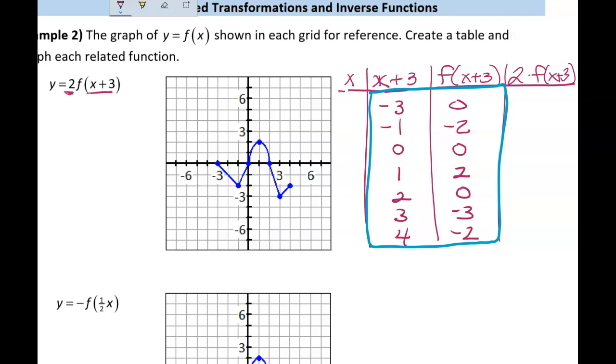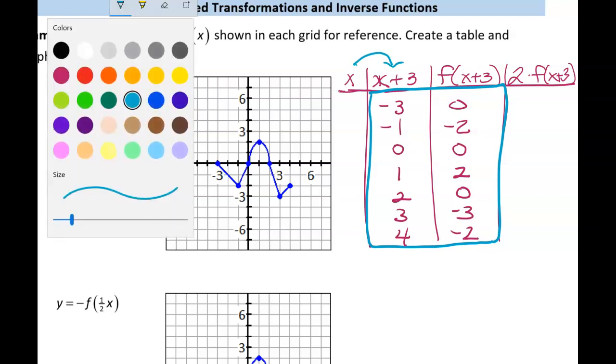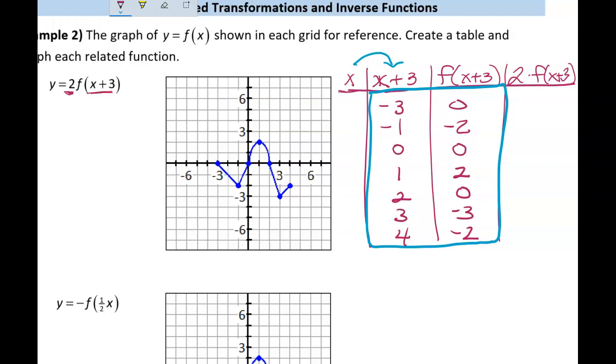We can go either direction with this. We can take care of the input transformation first or the output transformation first. It doesn't really matter. So in order to go from x to x plus 3, we have to add 3. So if we're going in the opposite direction, we have the x plus 3's and we want the x's, we're going to subtract 3.